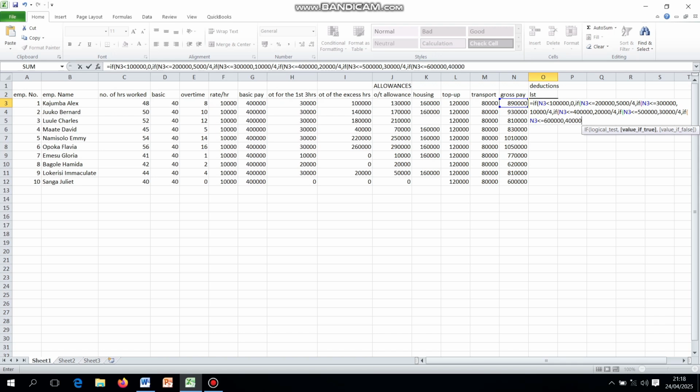We divide it by 4, put a comma, we continue. IF, open our bracket, our gross pay is less or equal to 700,000. The rate which was given is 60,000.